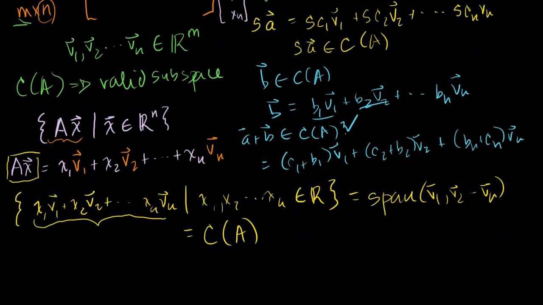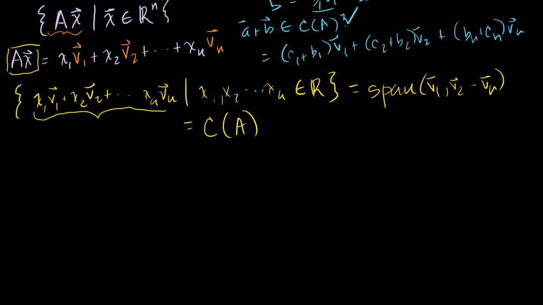So let's think about it this way. Let's say that I were to tell you that I need to solve the equation Ax is equal to, well, the convention is to write a b there, but let me put a special b there. Let me put b1. Let's say that I need to solve this equation Ax is equal to b1. And then I were to tell you, let's say that I were to figure out the column space of A, and I say b1 is not a member of the column space of A. Then what does that tell me?